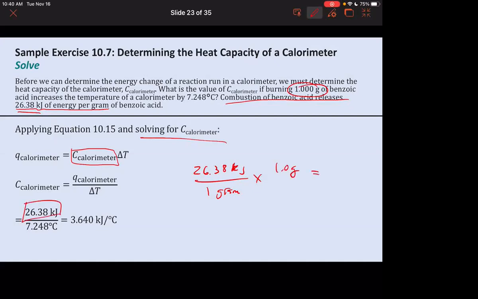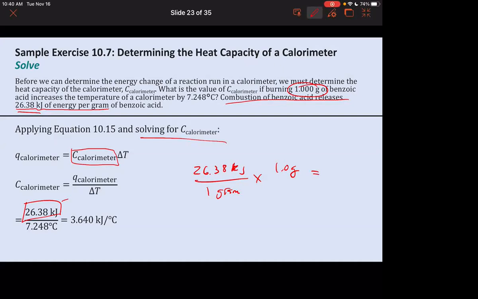That gets me this. If we didn't use 1 gram, that's why I want to show this step. This doesn't show it here because you don't always use exactly 1 gram. So you're going to have to multiply by your mass to get to your kilojoules. Maybe I cut it out, or if it's not shown in the book, let's see, 10.7.